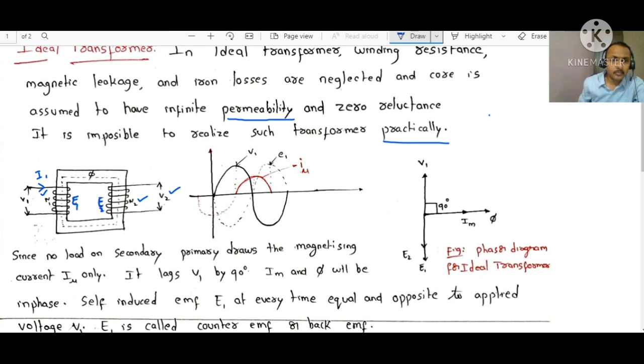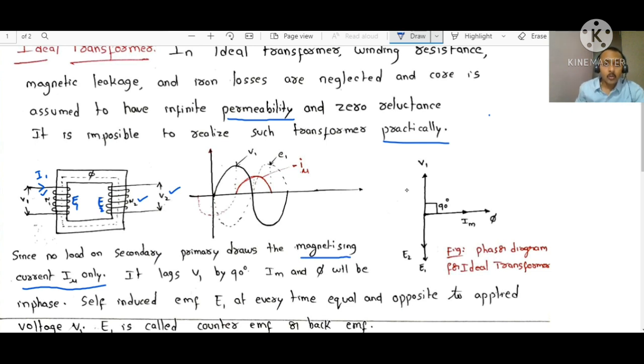Now if you observe, even though no load is connected across the transformer, it is going to draw some small amount of current. Very important, dear students. Even though no load is connected across the secondary, some small amount of current will be drawn. That no load current is the magnetizing current, denoted with letter I mu.